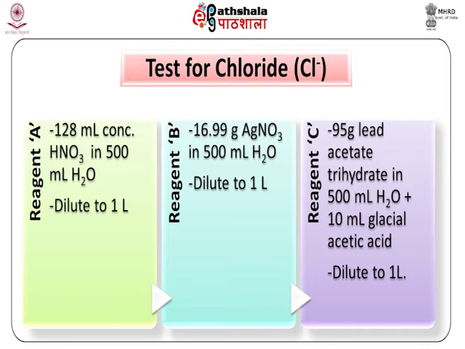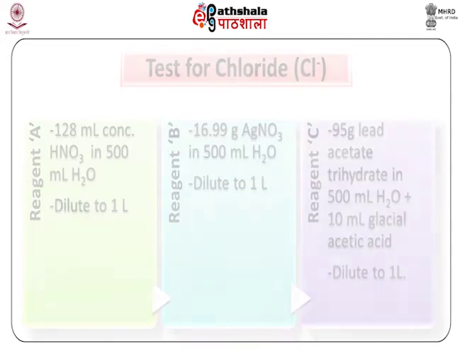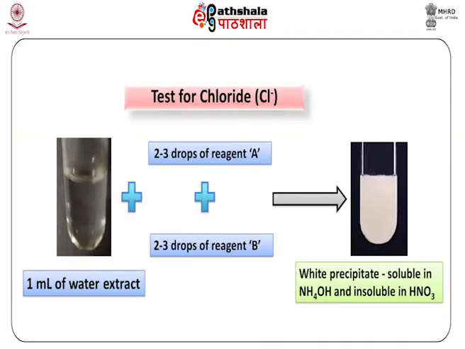Reagent C is prepared by dissolving 95 grams of lead acetate trihydrate in a mixture of 500 milliliters distilled water and 10 milliliters glacial acetic acid, and then diluting the solution with water to 1 liter. Take 1 ml of water extract in a clean test tube.